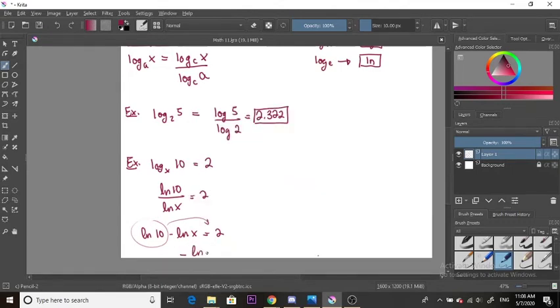So I have negative ln of x is equal to 2 minus ln of 10. So when I calculate this, 2 minus, I'm going to push the ln button here, of 10 will give me negative 0.303.